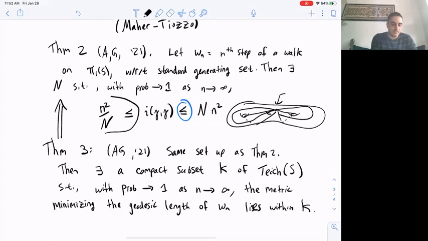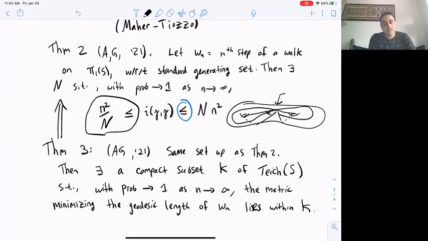The other bound is where theorem 3 is actually useful. And the way that it works is to assume that it's not true. So, proof by contradiction. Let's assume that with high probability, the self-intersection numbers are actually growing at a slower rate than quadratic in the length of the walk.